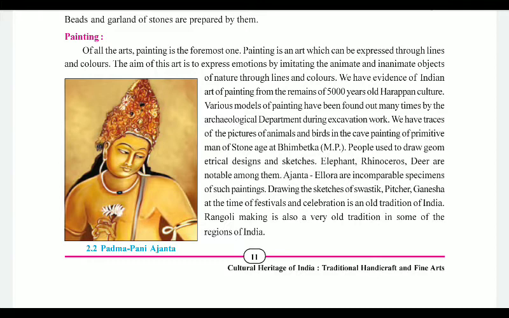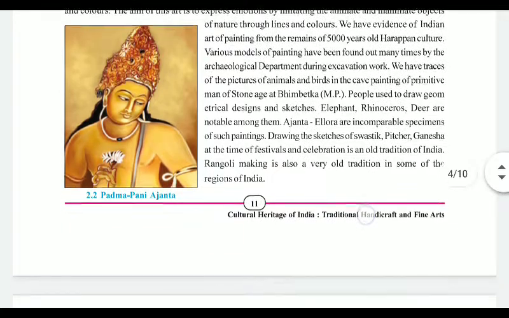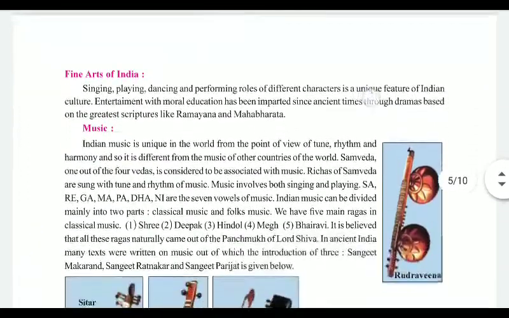Drawing the sketch of a swastik or Ganesha at the time of festival and celebration is an old tradition of India. Rangoli making is also a very old tradition in some regions of India. So we are very much fond of painting and we use paintings in different forms.